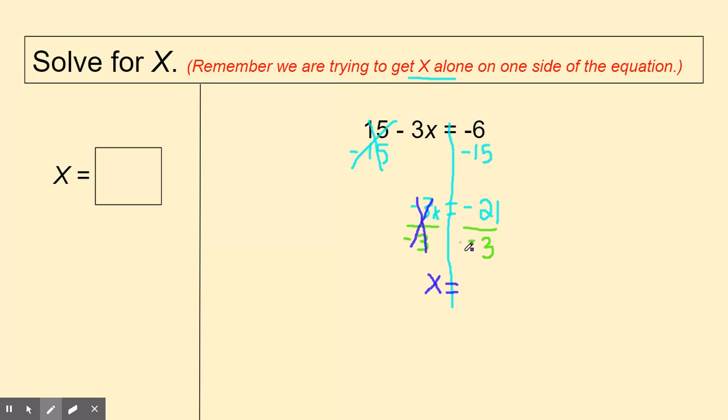Or in other words, how many times does -3 go into -21? It would be 7 times. So x would equal 7. So as you can see, we're still doing the same thing as we did with one-step equations, except we have one more step added to it. So you've got to try and get x alone on one side of the equation.